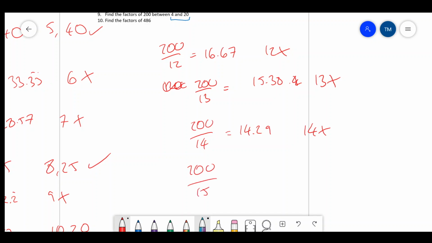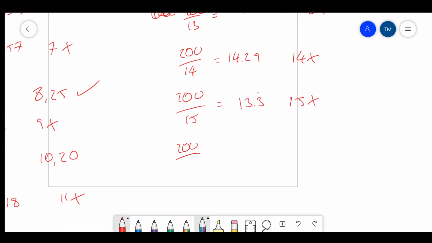200 divided by 15 is equal to 13.3 recurring. So we know that 15 is not a factor. And then 200 divided by 16 is equal to 12.5.